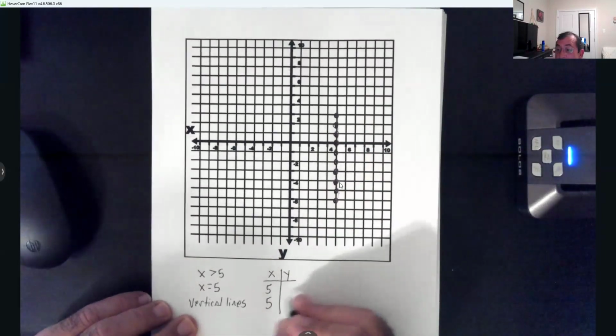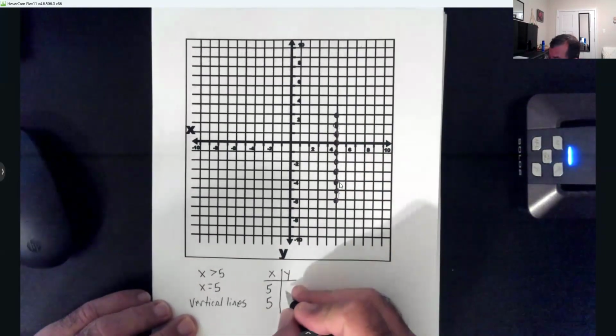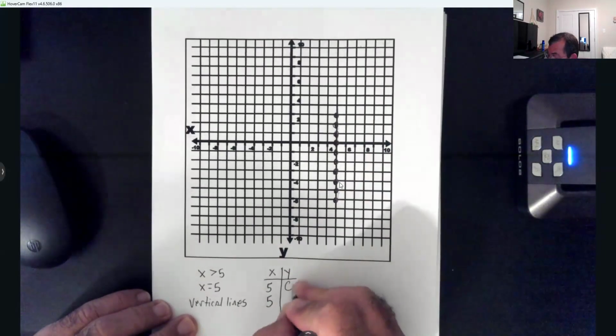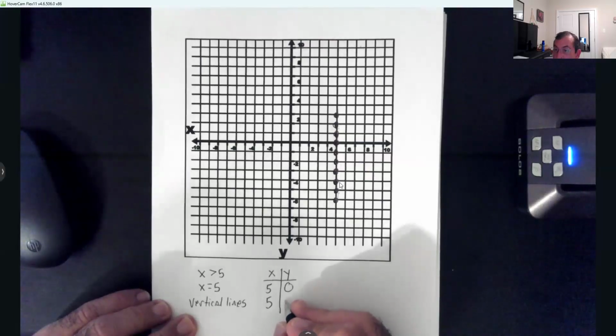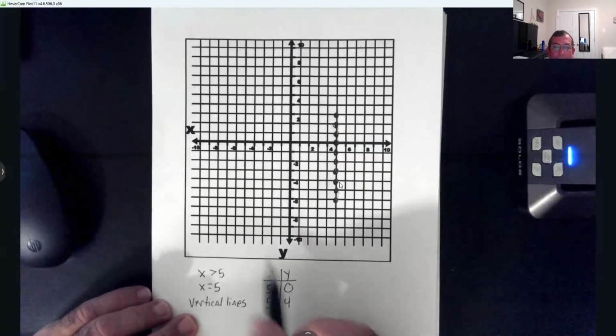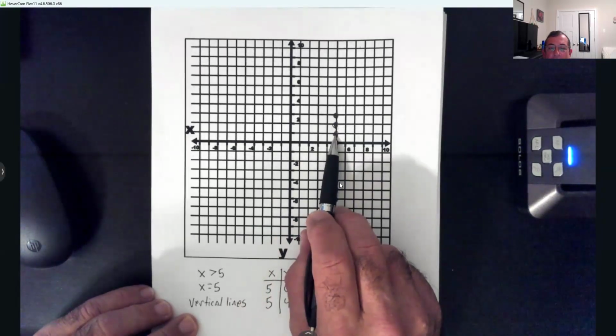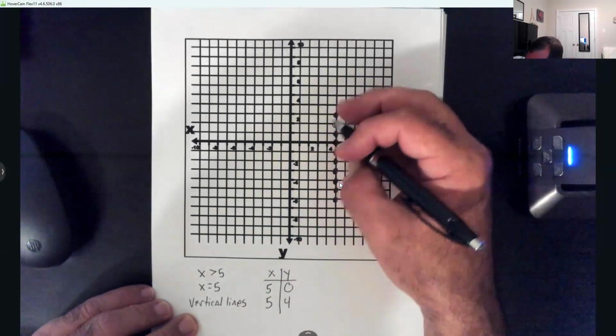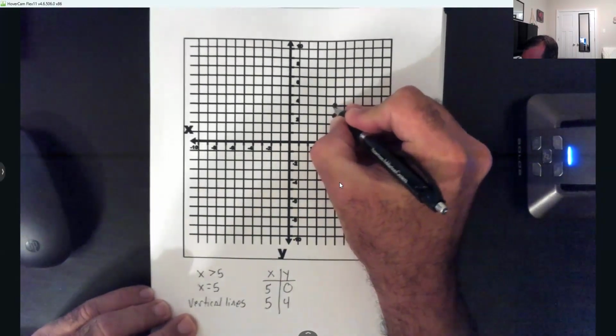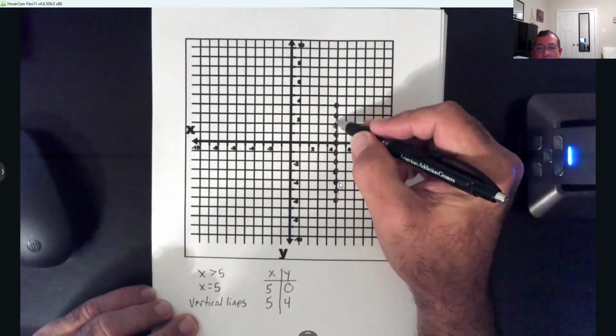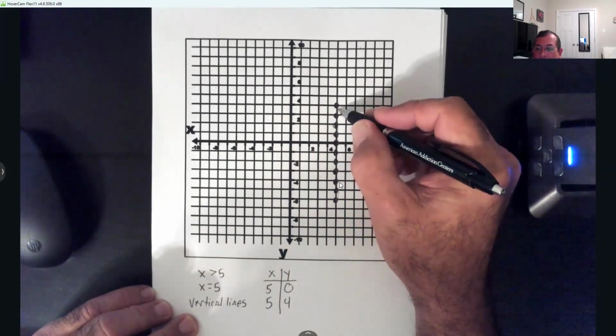So you can pick any Y values you want. You could do a 0. You could do a 4 if you wanted to. Because if you plot it, here's (5, 0). And if I went up 4, this would be (5, 4). Any of those points you pick have to be on that vertical line, okay?